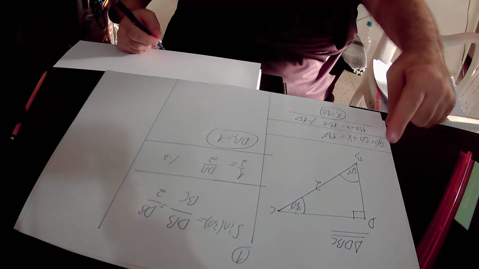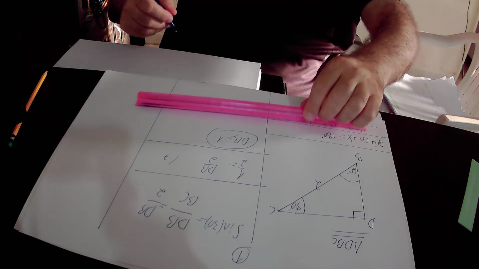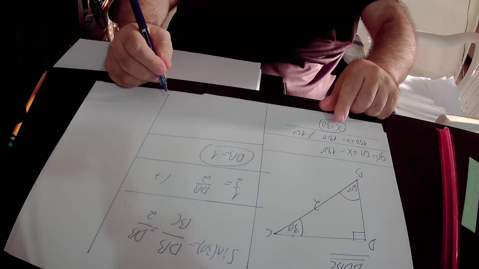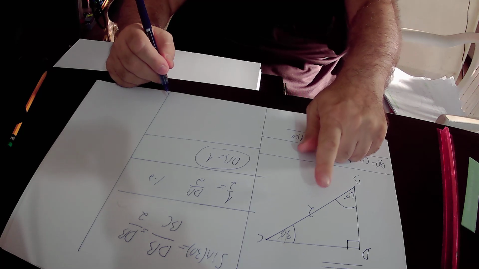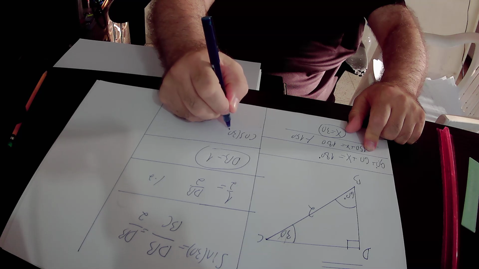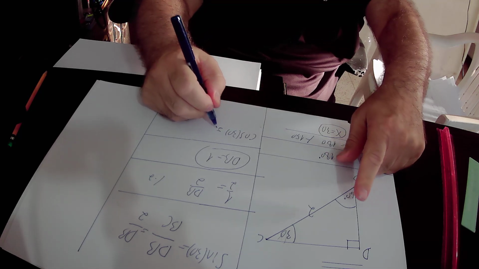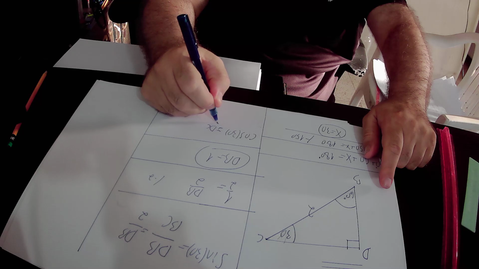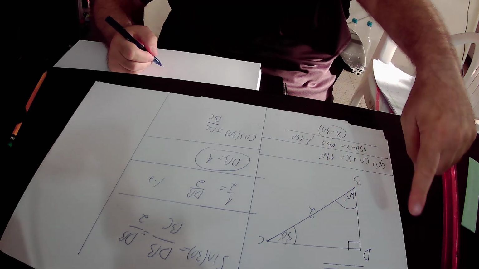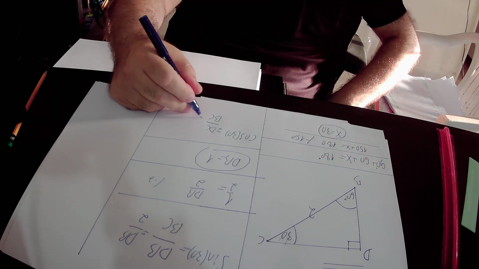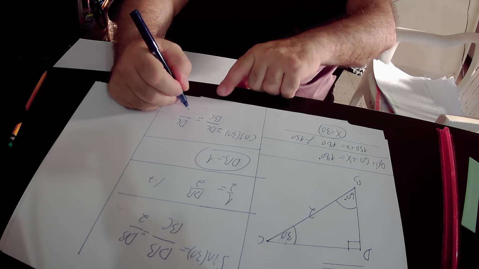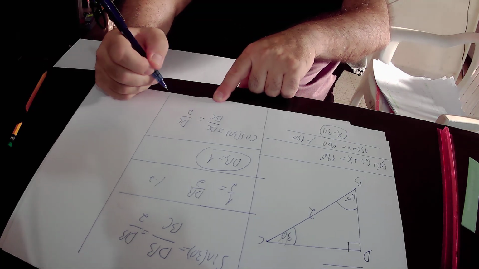We'll continue to focus on the right triangle, triangle DBC. In the right triangle DBC, cosine 30 degrees equals DC over BC. BC is 2, so I'll substitute BC by 2.